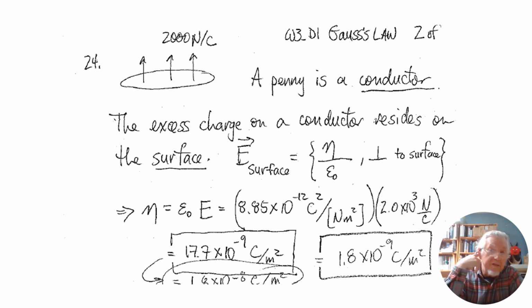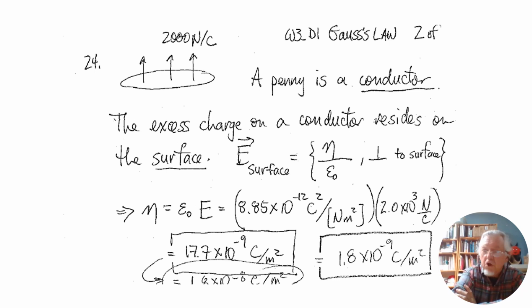The penny is a conductor, so the excess charge on a conductor resides on the surface, and we know that the electric field on the surface of a conductor is equal to the charge density over epsilon naught, perpendicular to the surface.